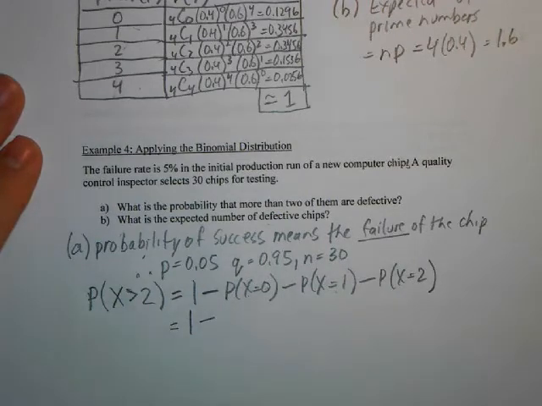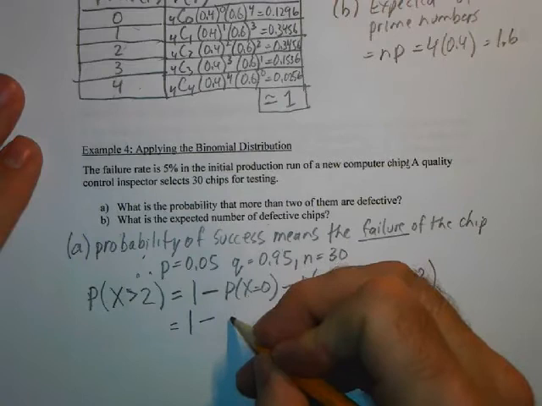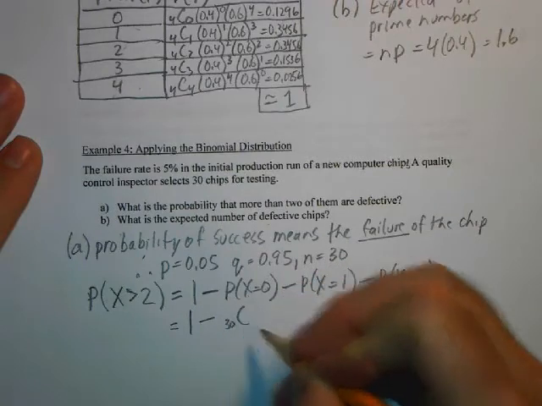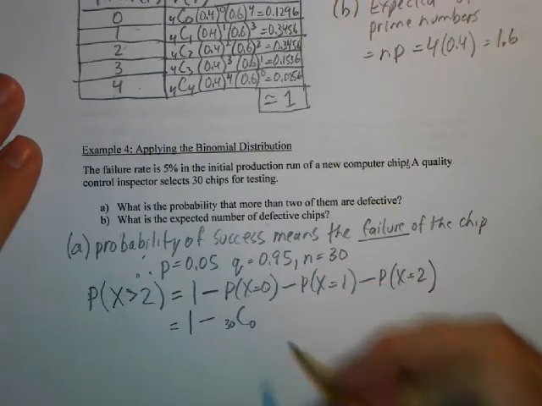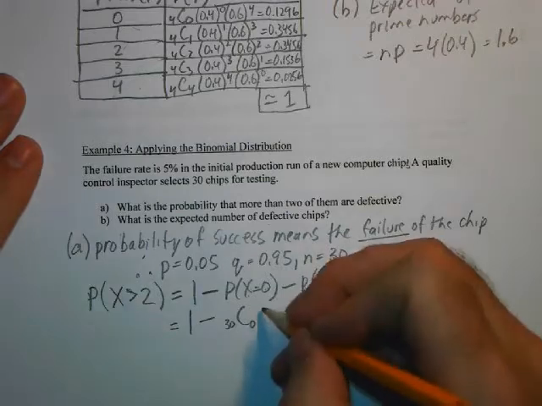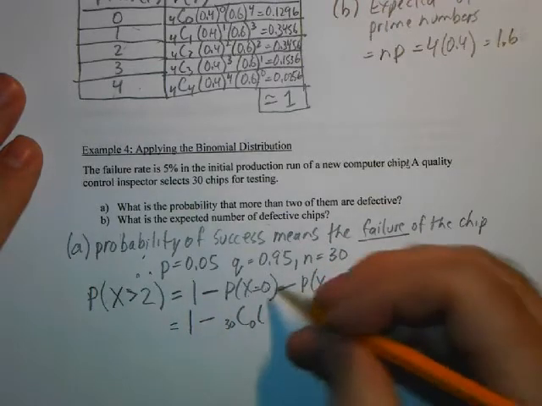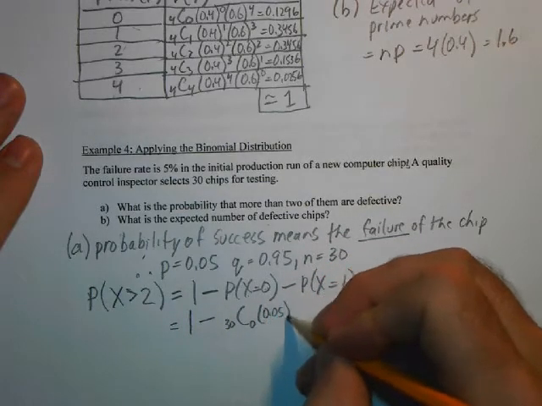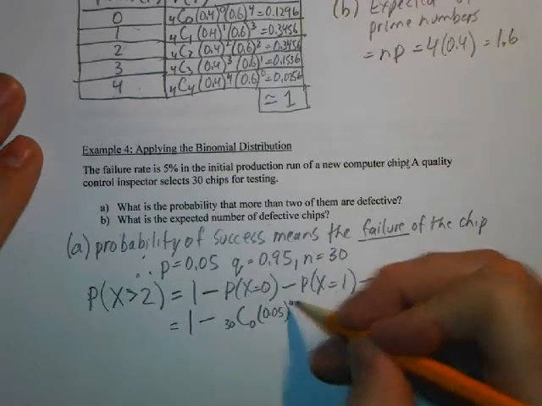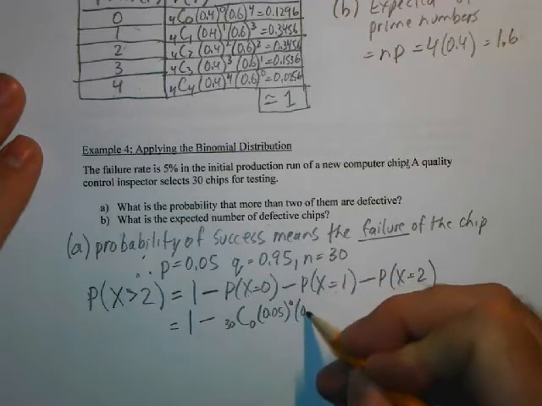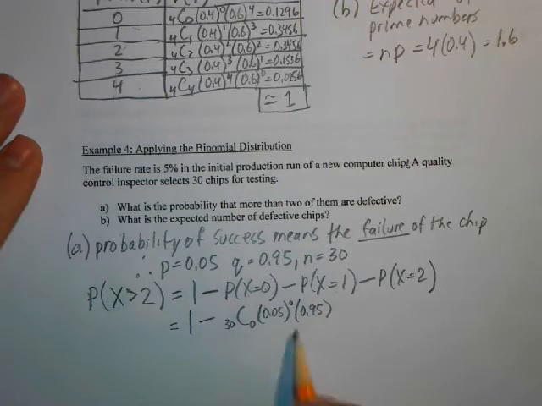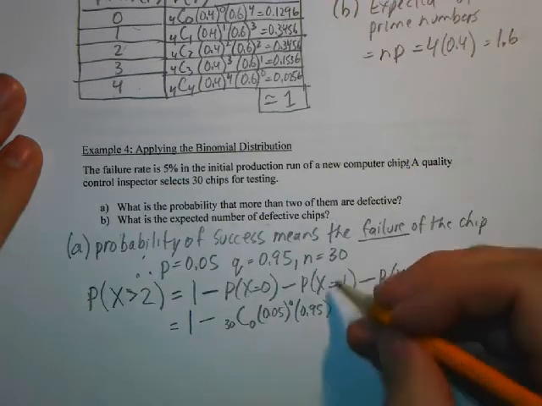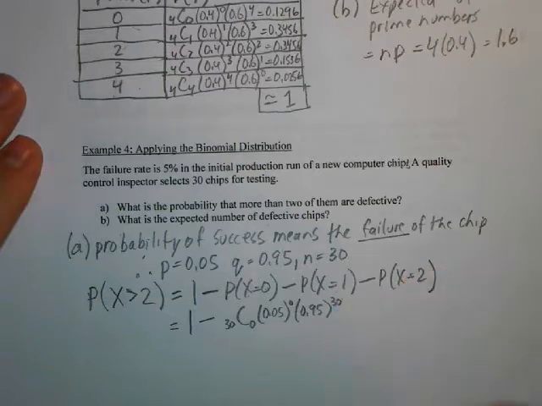So it's 30 choose 0, and then our p-value, 0.05, to the power 0, and then q, 0.95 to the power 30 minus 0, which is 30. So that's the calculation for probability x equals 0.